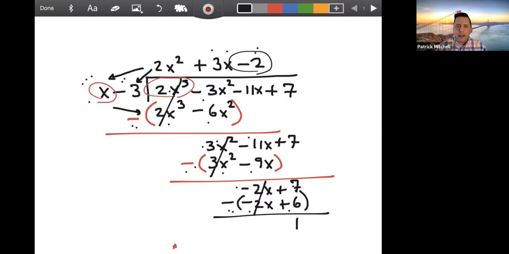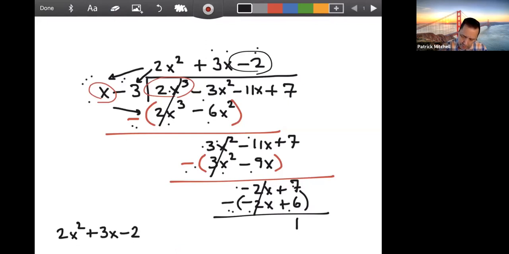All right, now in terms of writing the answer, here's how we're going to write it. We're going to write the quotient, which is 2x squared plus 3x minus 2.